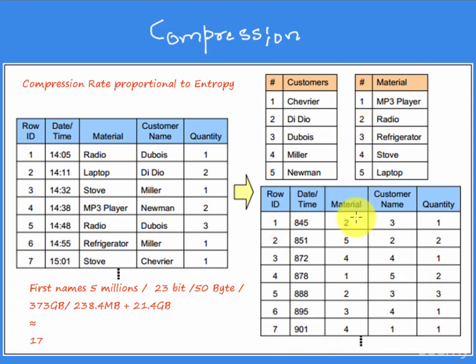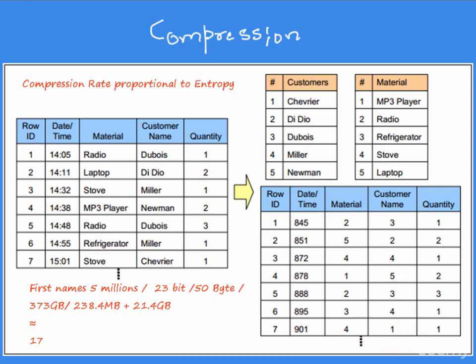For example, for material here, it says 2 instead of radio. If you go to the vector, it's very easy to find out that 2 equals radio. The good thing is that the processing of the query and the data is done in the compressed format. Therefore, it's much easier for the engines to function and it's much faster.